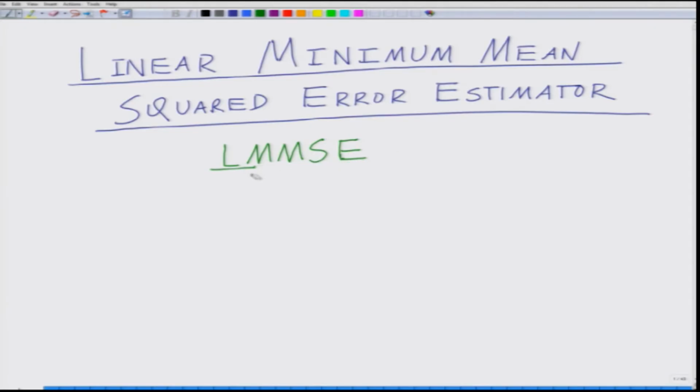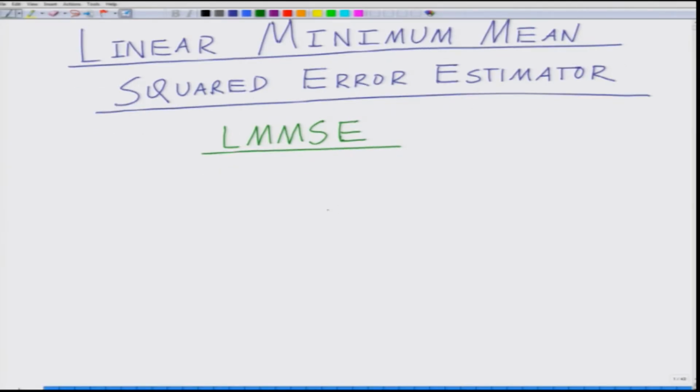the MMSE estimate, the minimum mean squared error estimate. So, first we have to understand what is the difference between the MMSE and the LMMSE estimate.